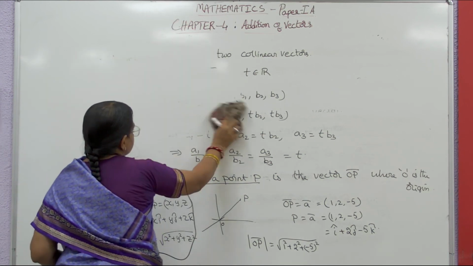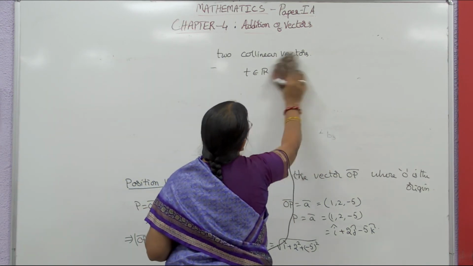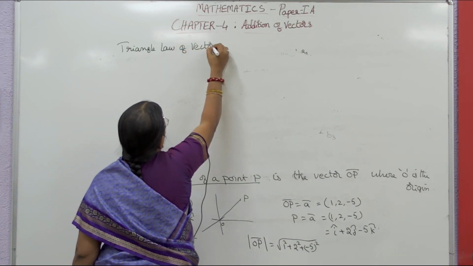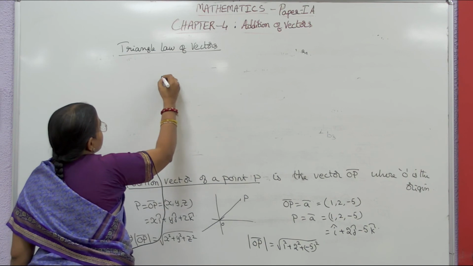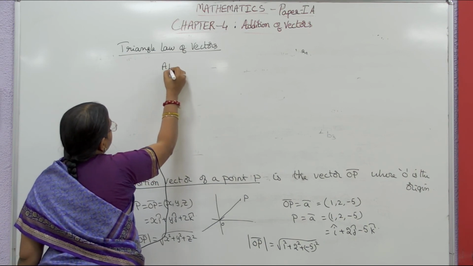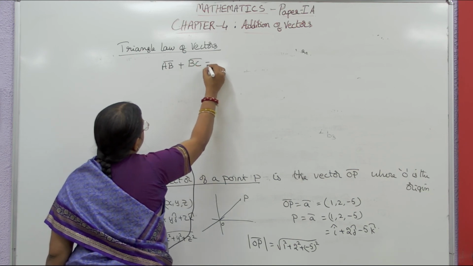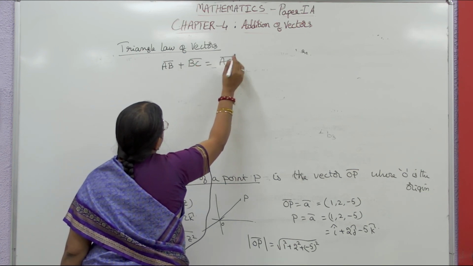Next is the triangle law of vectors. What is this triangle law of vectors? Suppose AB is a vector and BC is another vector, then the sum is equal to AC.